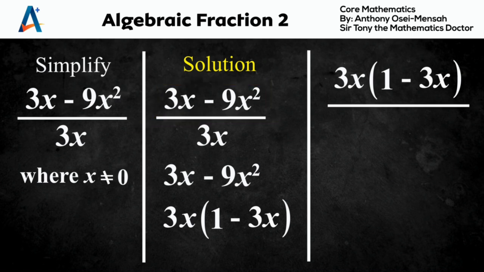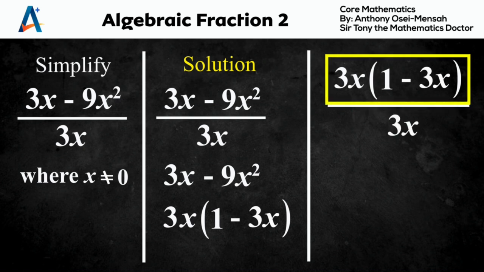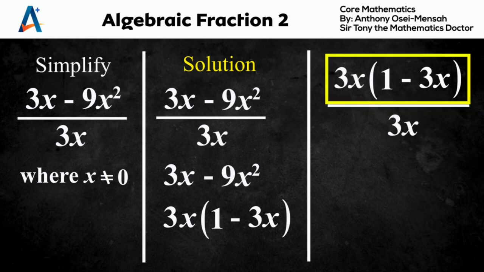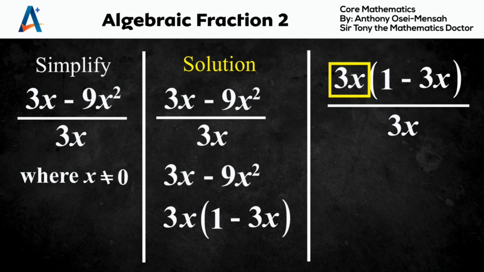Then the denominator is maintained as 3x. If you check the numerator and the denominator, there is a common term. At the numerator, there is a multiplication: 3x is multiplying the bracket 1 minus 3x.